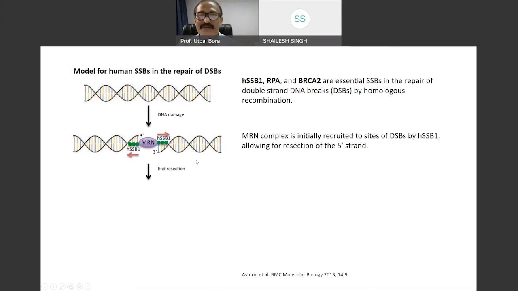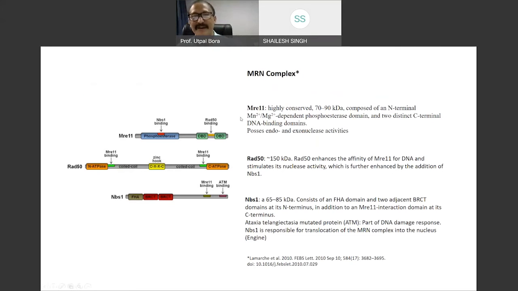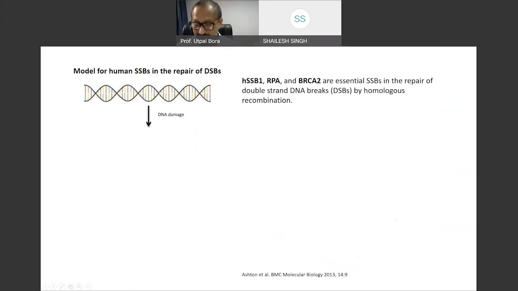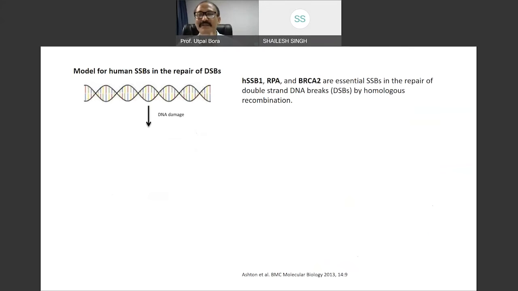How? Once this damage happens, the MRN complex, which we discussed here, MRE11, RAD50, and NBS1, binds to one another, and the nuclease activity and DNA affinity of MRE11 is increased by the association of RAD50 and further by NBS1, that you already know.